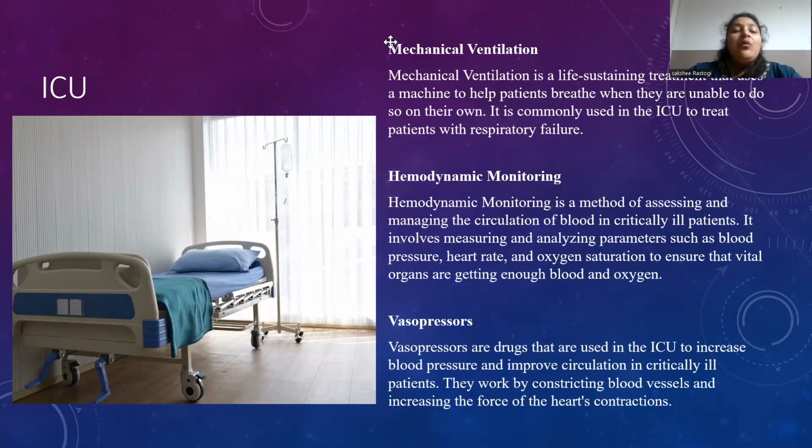Commonly monitored hemodynamic parameters are blood pressure, heart rate, cardiac output, stroke volume, systemic vascular resistance, pulmonary artery pressure, central venous pressure, and mixed venous oxygen saturation. These are all included in hemodynamic parameters.